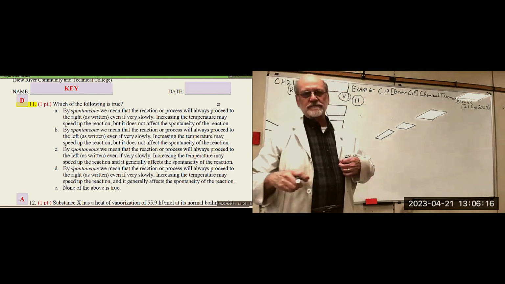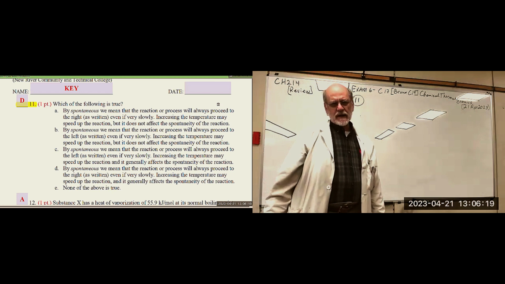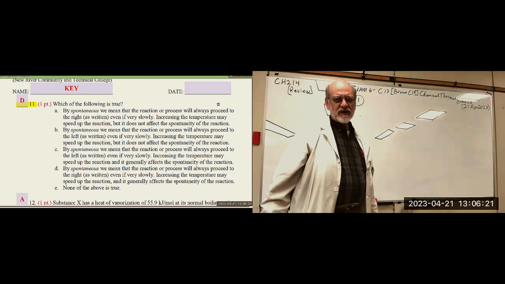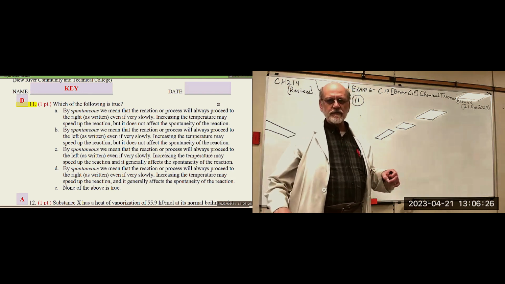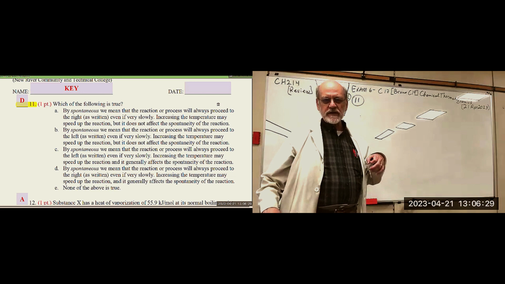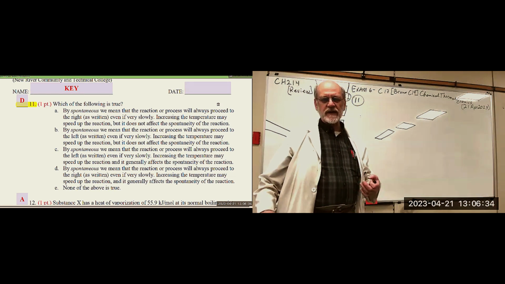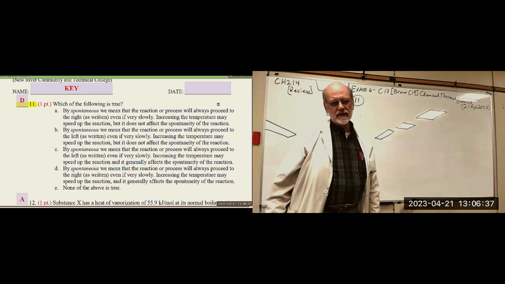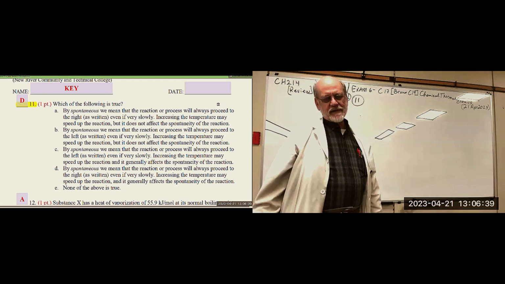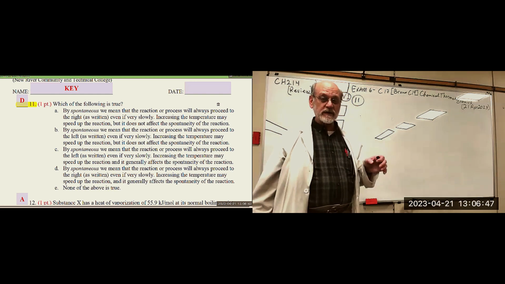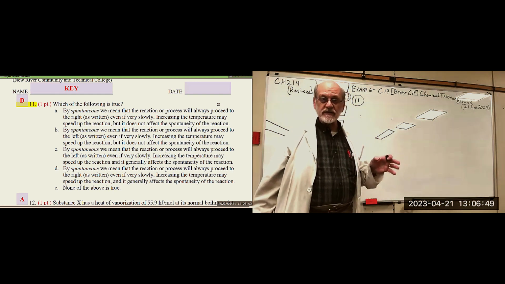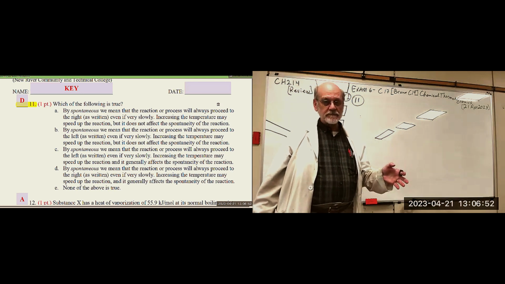Which of the following is true? Okay. By spontaneous, we mean that the reaction or process will always proceed to the right as written, even if very slowly. Increasing the temperature may speed up the reaction, but it does not affect the spontaneity. That's a little too nebulous for me. Yeah, okay, that's spontaneous, even if very slowly.